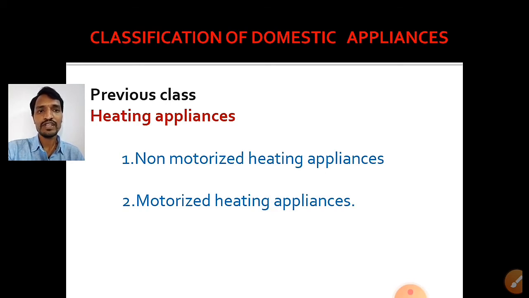In that we studied heating appliances, which are divided into two categories: non-motorized heating appliances and motorized heating appliances. If you have any doubts regarding these topics, please watch the previous class video.